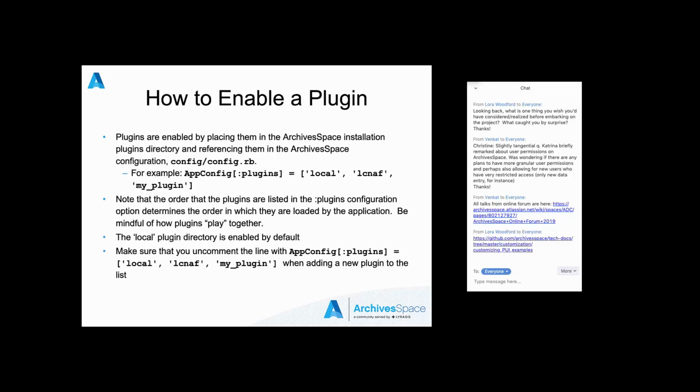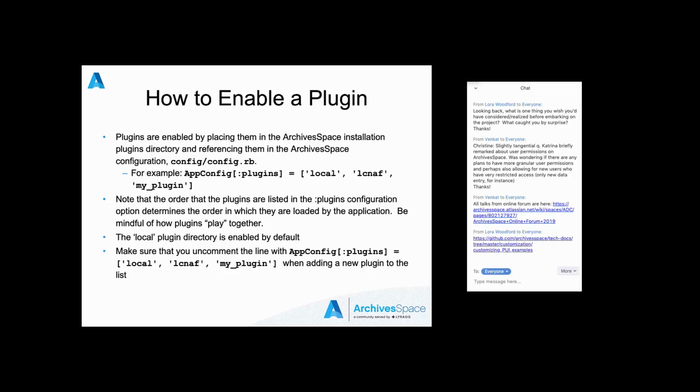So now you've created a plugin. Now you need to enable it in order for the system to know it's there. So plugins are enabled by placing them in the ArchivesSpace installation plugins directory, like I said, and making modifications in the config.rb file that we've already talked about. There's a plugins parameter in there.